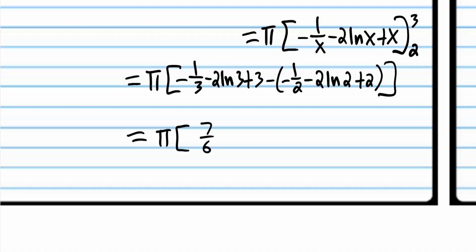And minus 2 natural log 3 plus 2 natural log 2. And we can do the rest on the calculator. So let's crunch the numbers. It looks like we get 1.1175 approximately.